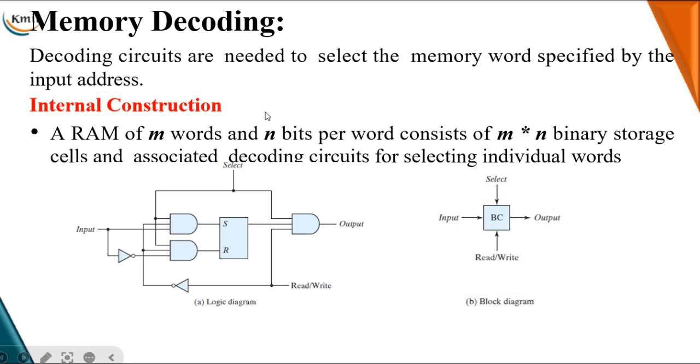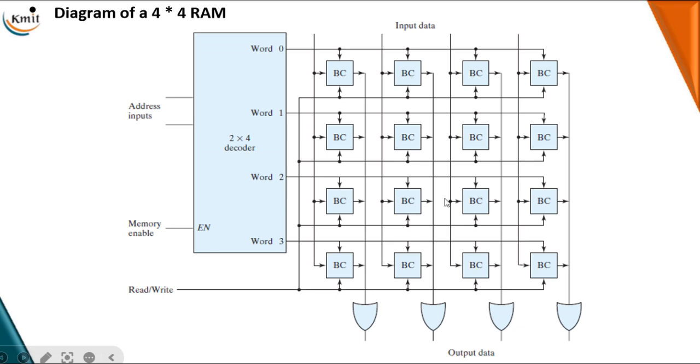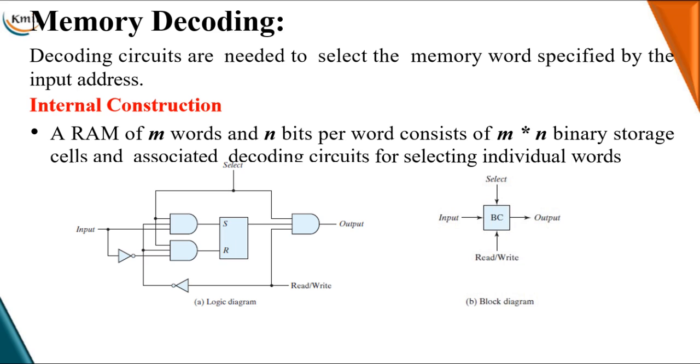Hence, a binary cell has three inputs and one output. These three inputs are the select input, the data input, and the last input, which is your read write control input. And the fourth one is your data output line.